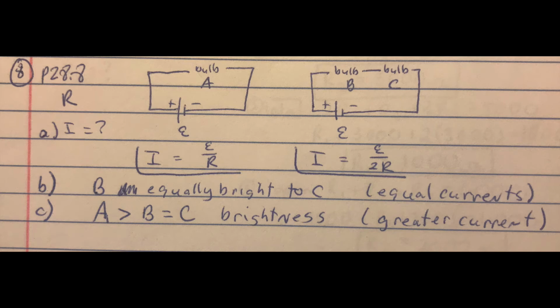B and C will get exactly the same current, and it'll be less than what A got. Therefore, B and C will be equally bright, but less bright than A. With less resistance in the first circuit, more total current flows through the circuit. A gets more total current, and so A is brighter than B and C, which are equal to each other.